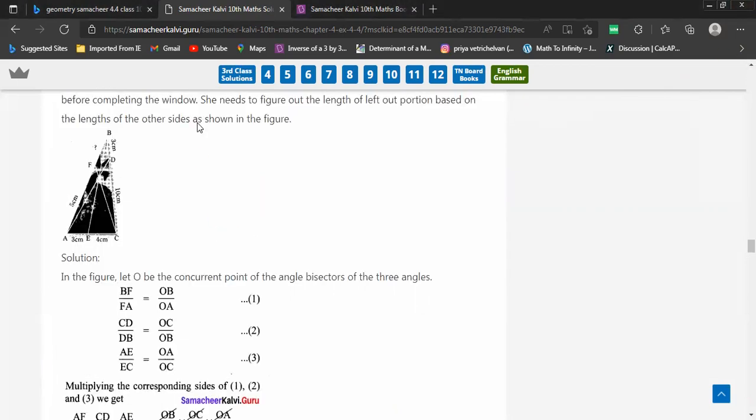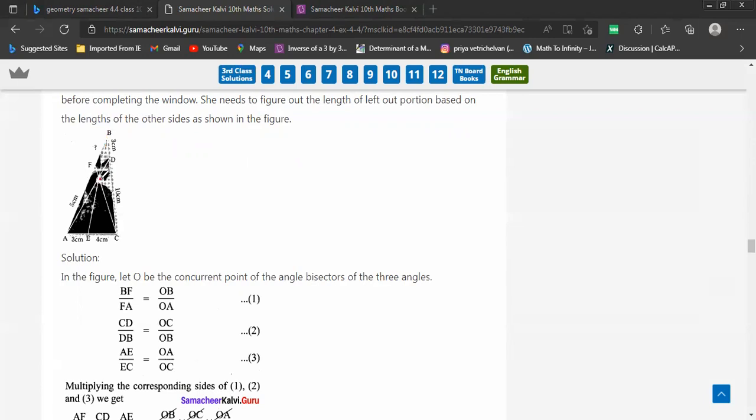So here, this is the left out portion. She needs to figure out the length BF, which is X. So let's apply the angle bisector theorem on this.